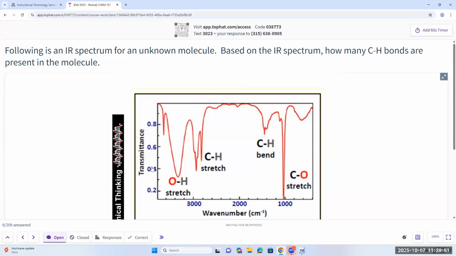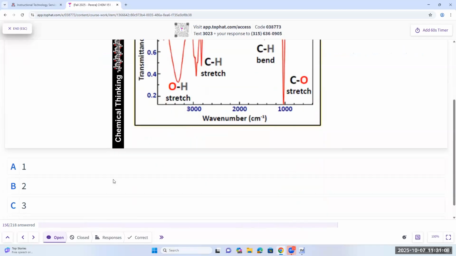Here's an IR spectrum. How many CH bonds are present here? I'm trying to make a point with this activity. That should be enough time for this question, I think.